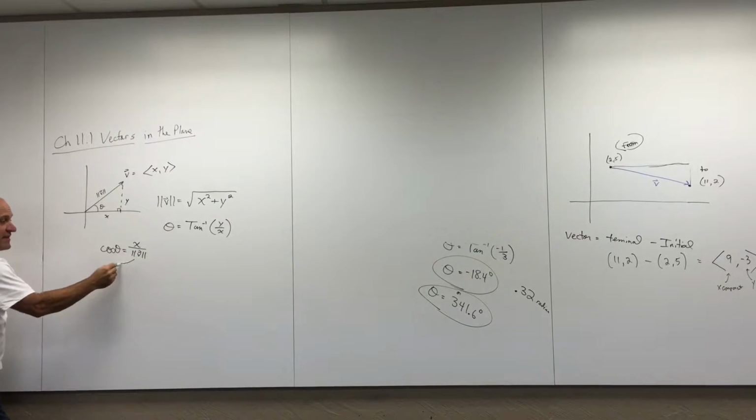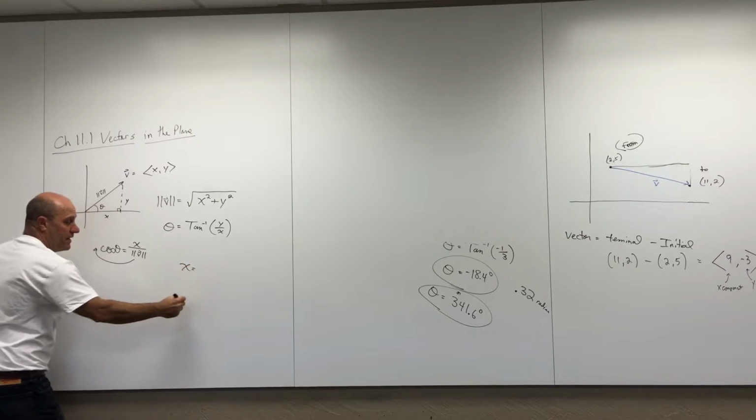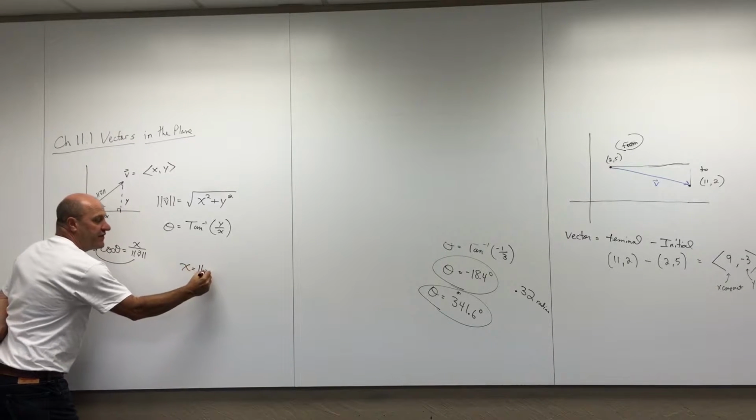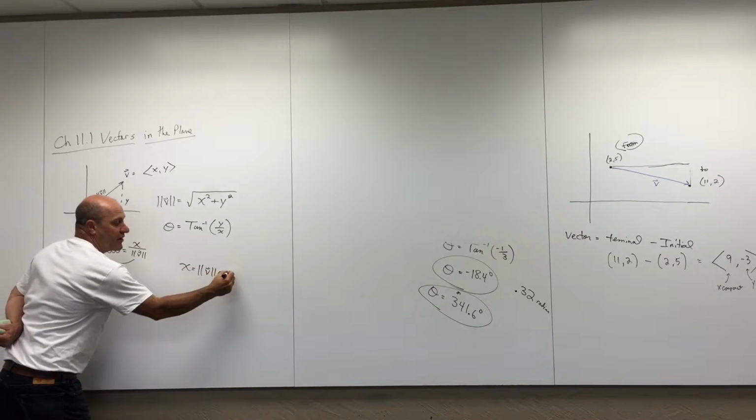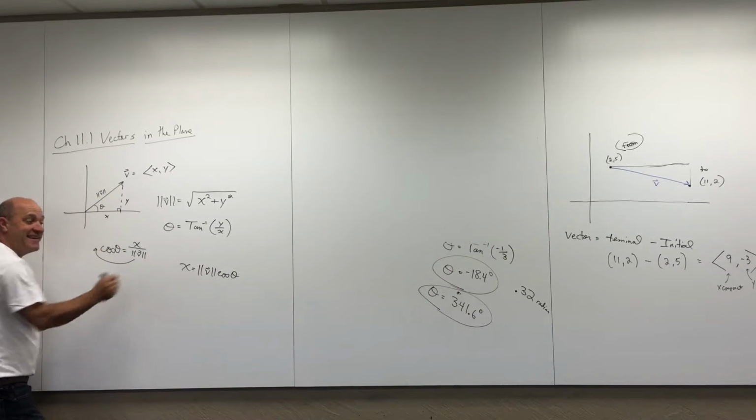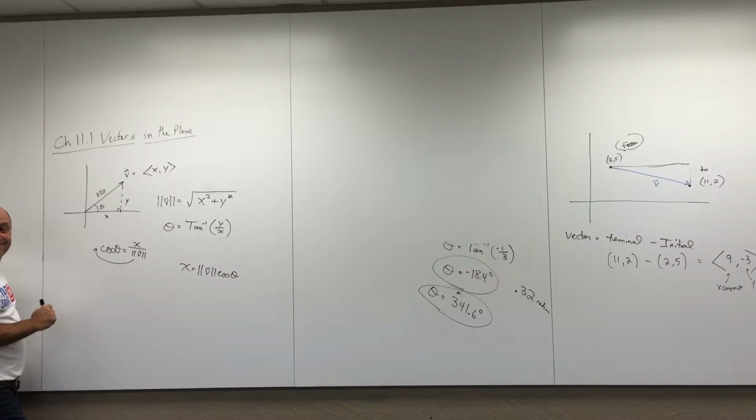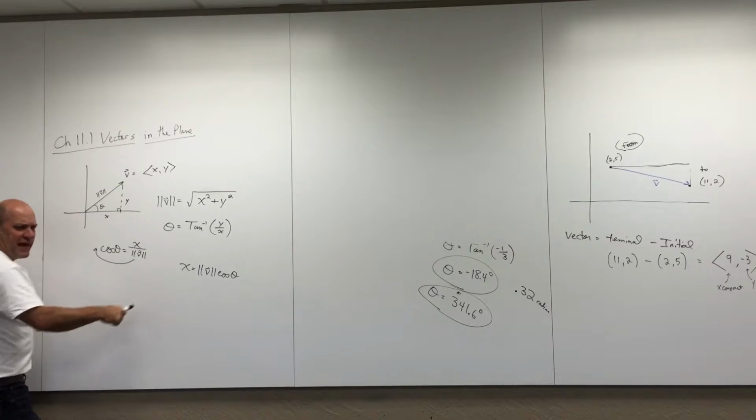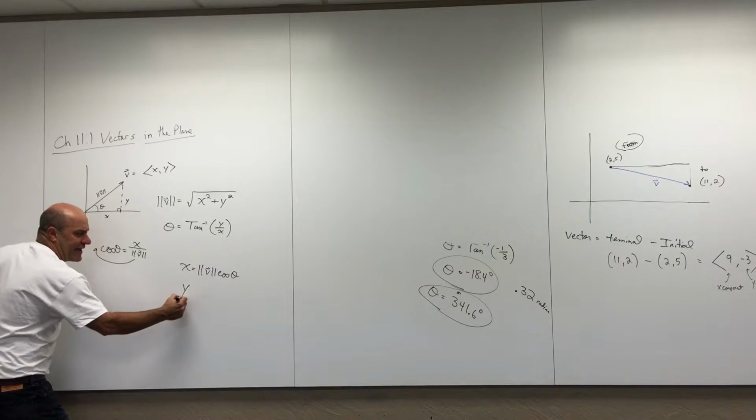And then if I multiply this up to the other side, guess what x is? The magnitude of the vector multiplied by the cosine of the angle. That's the x component. Real popular topic in physics. By the way, what do you think the y component would be?